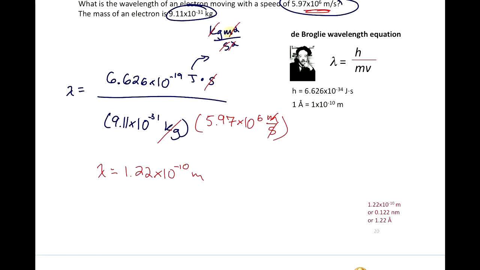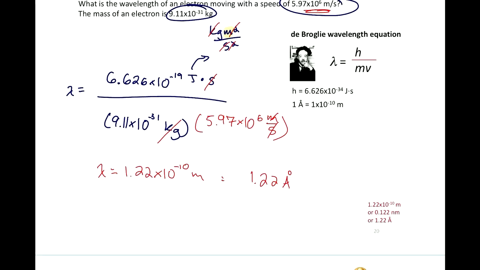So yes, that's fairly small, but this is on the scale of an atom. An atom is in the angstrom realm, so we could rewrite this as 1.22 angstrom. All right, so like an angstrom, that's how big an atom is. All right, so the wavelength of an electron is on the scale of a single atom.